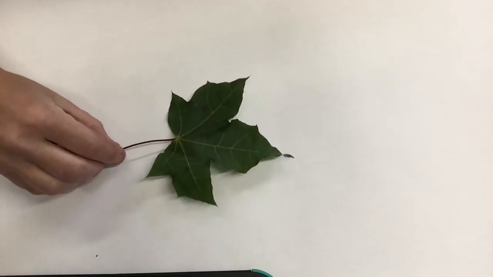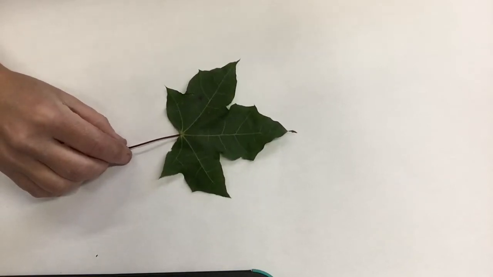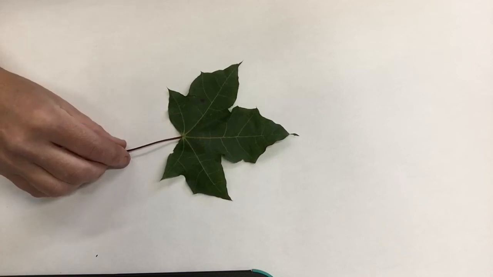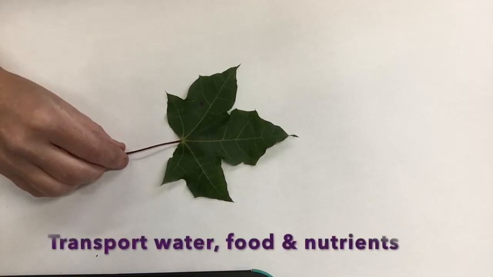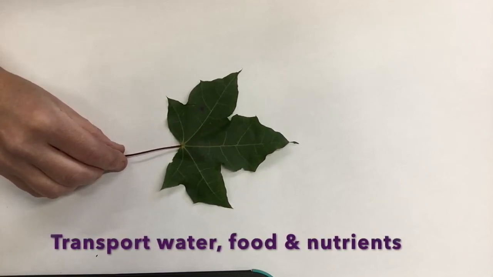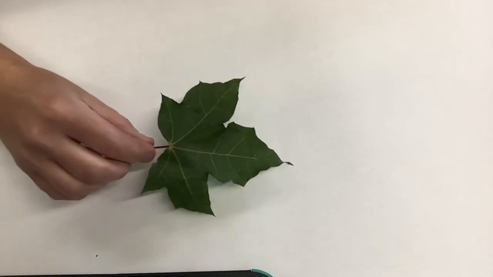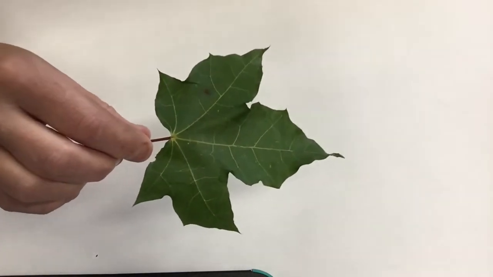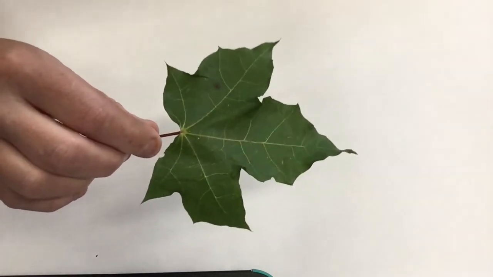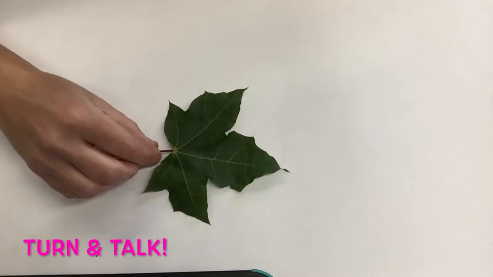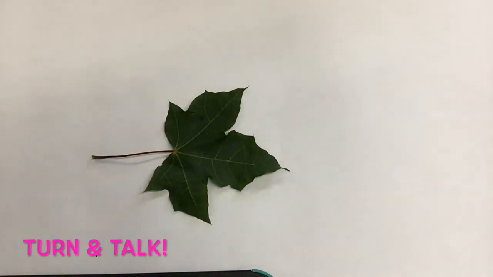And those tubes and pipes, the veins, help to transport water, food, and nutrients to the rest of the plant. The veins are almost like plumbing, like in your house. What do you think the job of our veins in our body is?